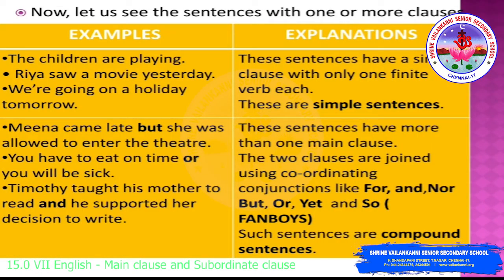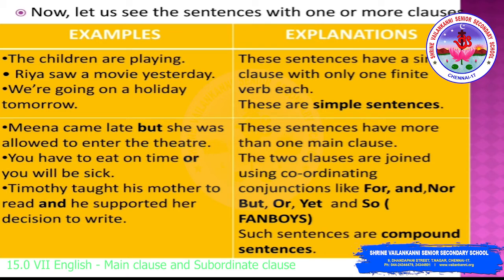Now let us see the sentences with one or more clauses. First one, the children are playing, which is an independent clause. Ria saw a movie yesterday. Again, an independent clause. We are going on a holiday tomorrow. It's a complete sentence, which is an independent clause. So, these sentences have a single clause with only one finite verb each.